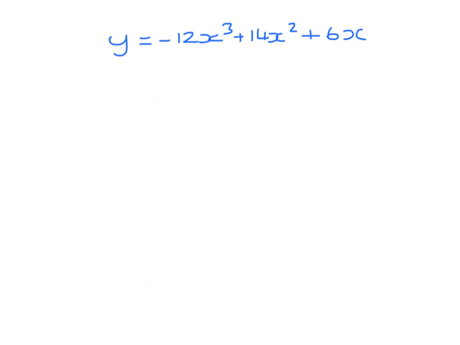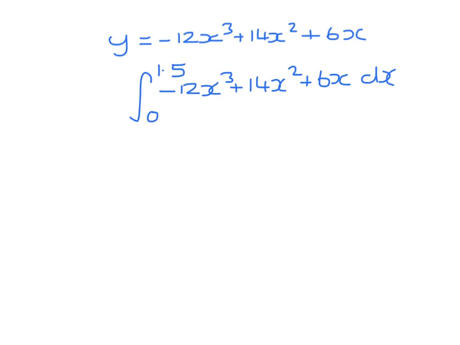Finally, we're asked to find the area between the curve and the positive axis. So that'll be the integral from 0 to 1.5 of minus 12x cubed plus 14x squared plus 6x with respect to x. When we're integrating, we add 1 to the power and divide by the new power.